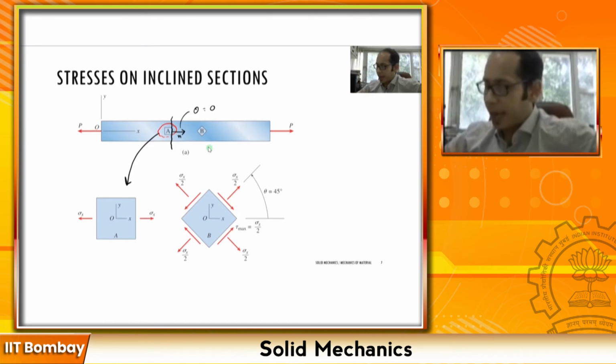And for that we have seen that the forces are simply going to be sigma x and sigma x, no tau.